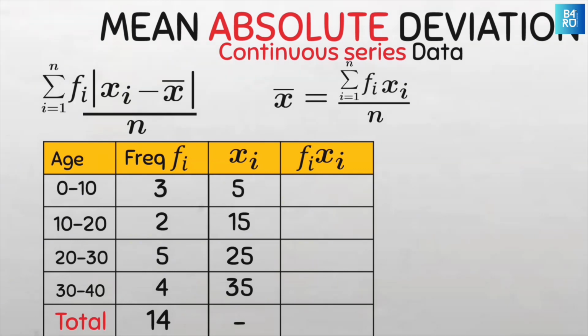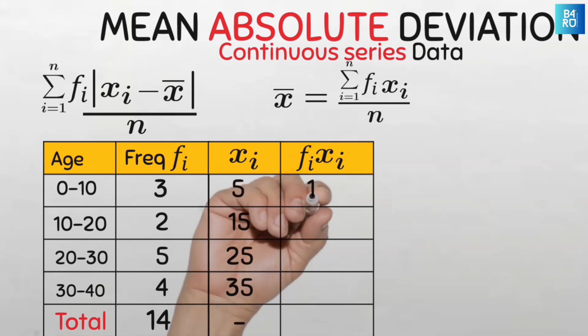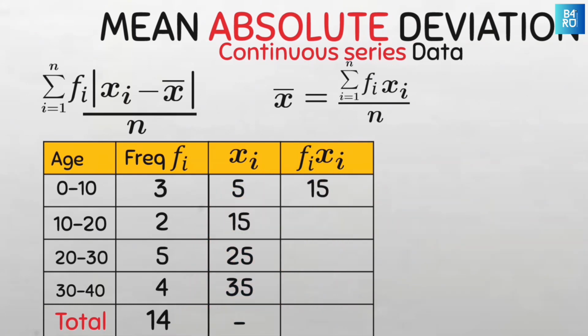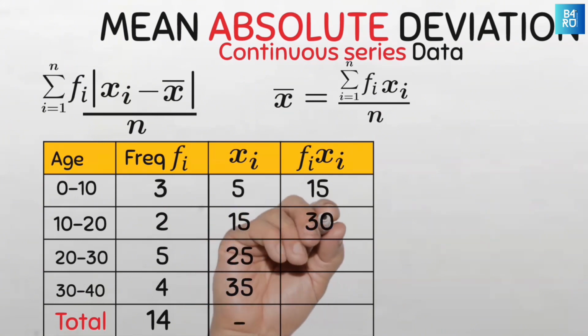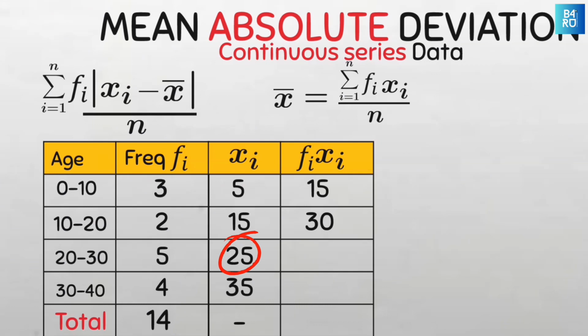Now, what we need to do for each data value is to multiply it by its corresponding frequency to get the f of x. So for the first class, we will multiply the frequency of 3 and the midpoint, which is 5, and thus we would have 15. For the second class, we'll multiply the frequency of 2 and the midpoint, which is 15, and we would have 30. For the third class, we'll multiply the frequency of 5 and the midpoint of 25, thus we would have 125.